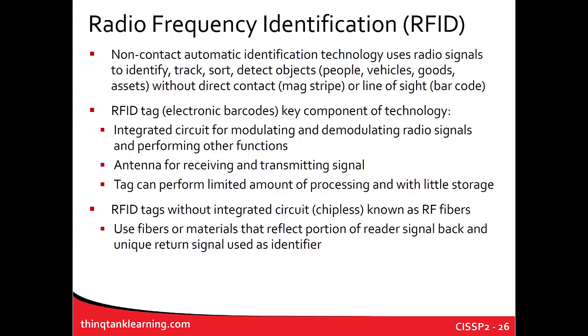And we also have chipless RFID, right? That's what we call RF fibers. This is going to use material that reflects part of the reader's signal back in a unique pattern. So you don't actually have an integrated circuit. Those reflected signals become a signature. And then we use that signature to identify that object or that person.